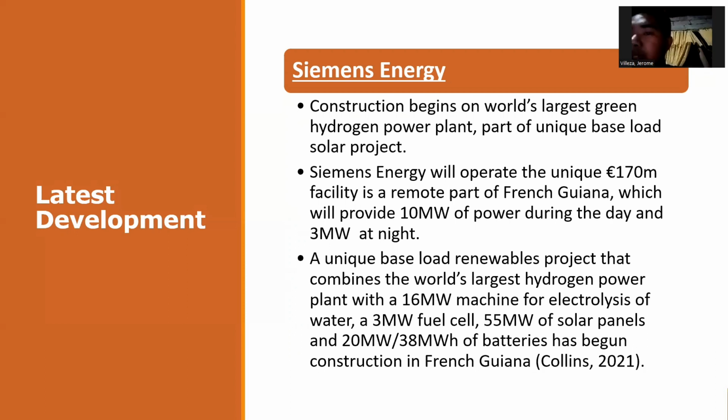A unique baseload renewable project that combines the world's largest hydrogen power plant with a 16 megawatt machine for electrolysis of hot water, a 3 megawatt fuel cell, 500 megawatts of solar panels, and 20 megawatts or 238 megawatt-hours of batteries has begun construction in French Guiana.